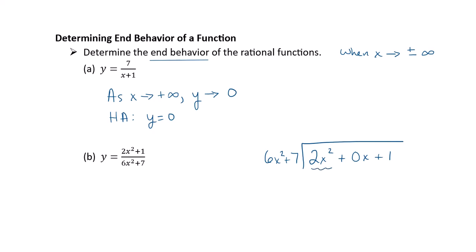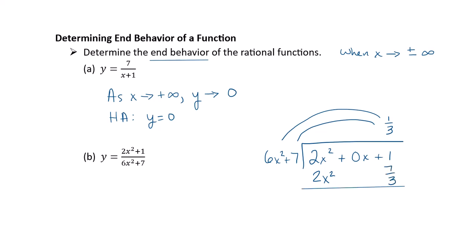So 2x squared divided by 6x squared is going to be 1/3. 1/3 times 6x squared is 2x squared, and 1/3 times 7 is 7/3.